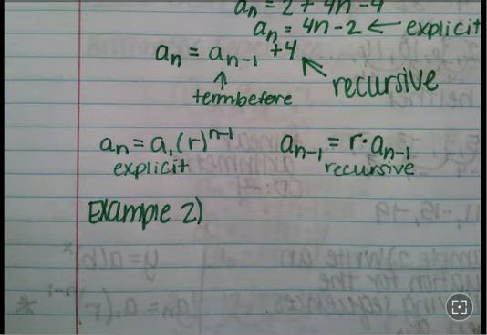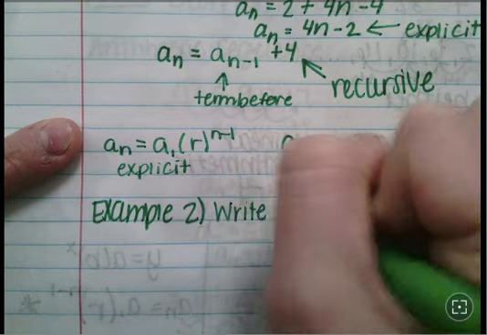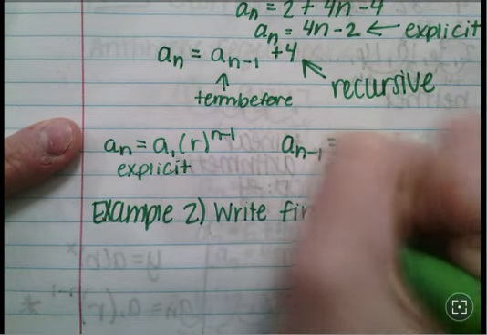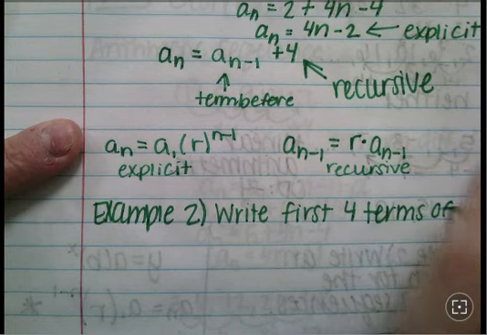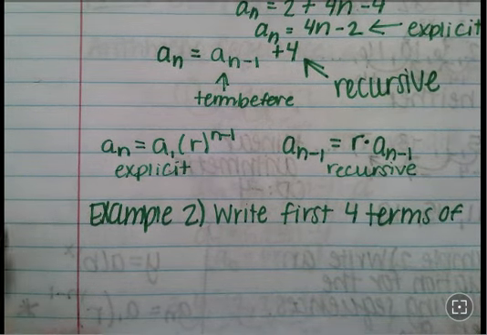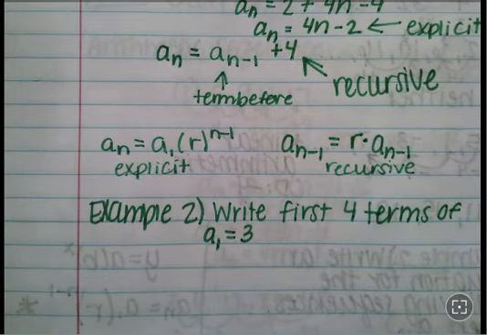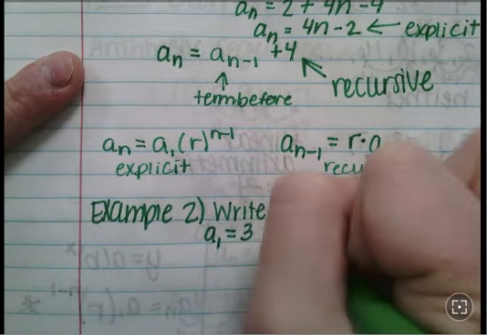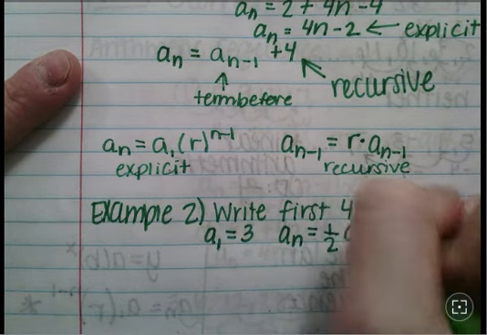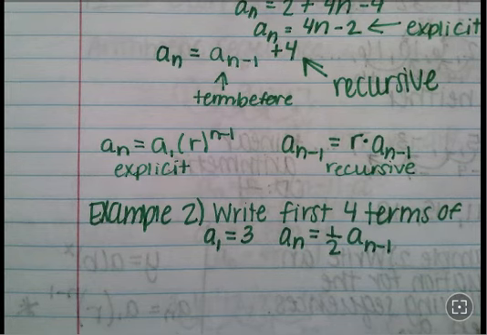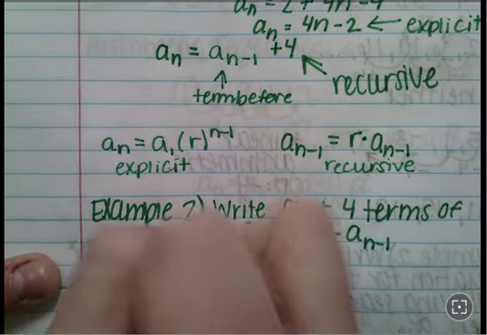In example 2, let's write the first 4 terms of, well, let's see, if a sub 1 equals 3, and the rule is a sub n equals 1/2 of a sub n minus 1. So we're given the recursive rule. Let's start with, well, we know that a sub 1 is 3.